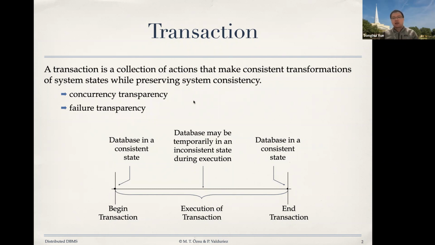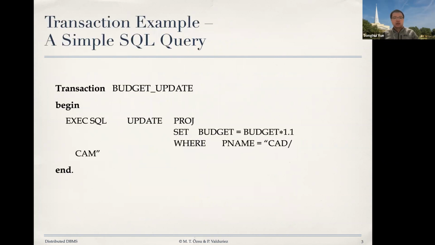So it can provide concurrency transparency and failure transparency, which means that users of the database will not notice any concurrency of transactions or failures occurring during the transactions, because the transaction hides all those concurrency details or failure details. So that's a transaction. And one example, this is a simple SQL query.